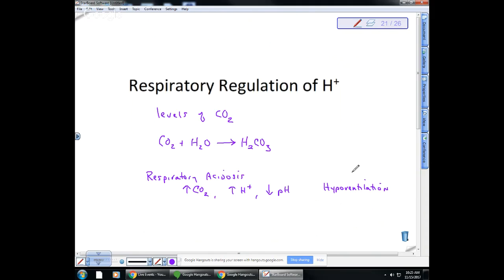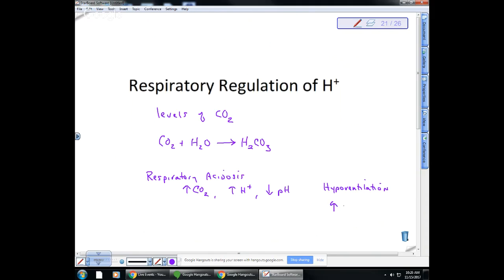So hypo, not hyper. CO2 starts to accumulate in the fluids of the body. And then in this particular instance, what's going to happen is that we have receptors in our medulla, respiratory centers in the medulla oblongata of the brain that are going to cause an increase in breathing.